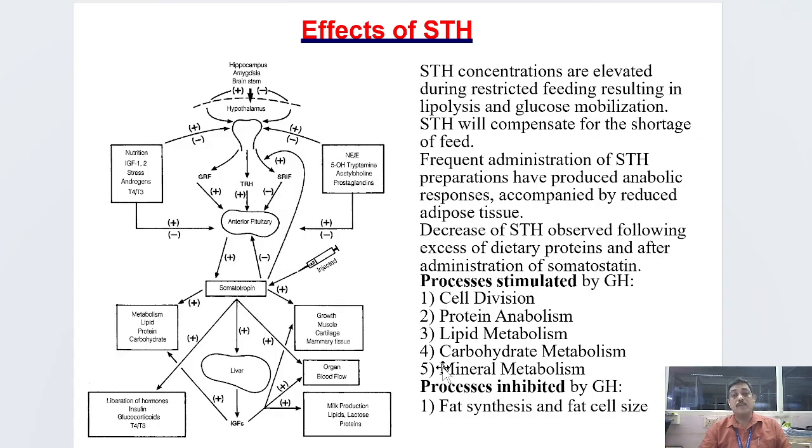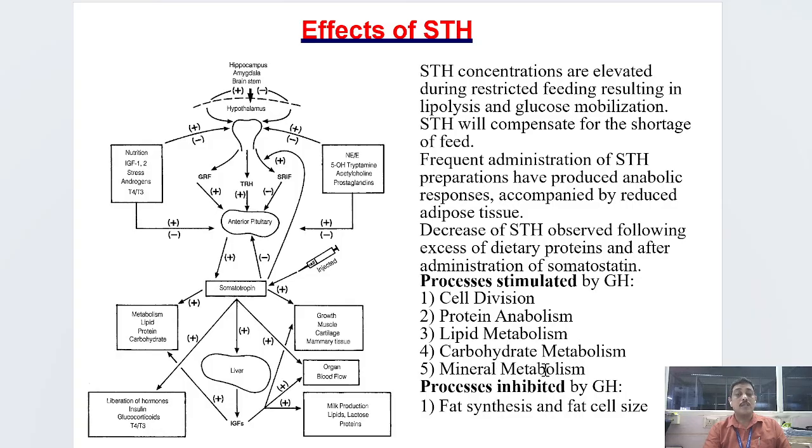These are the effects of somatotropic hormone, and as you can see, it majorly increases or controls cell division, and it increases protein production, and it decreases lipids by undergoing lipolysis. With respect to carbohydrate metabolism, it increases the monosaccharide level in the blood, thereby inhibiting polysaccharide formation and glycogen synthesis.